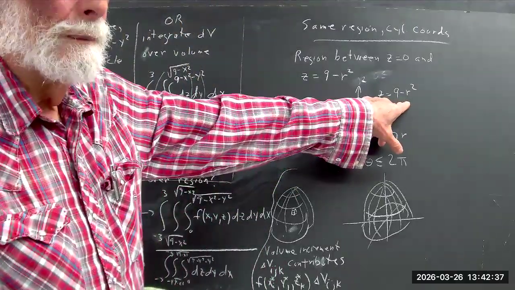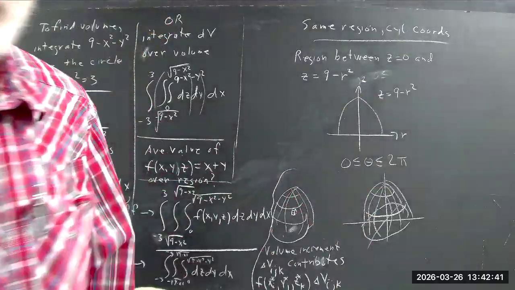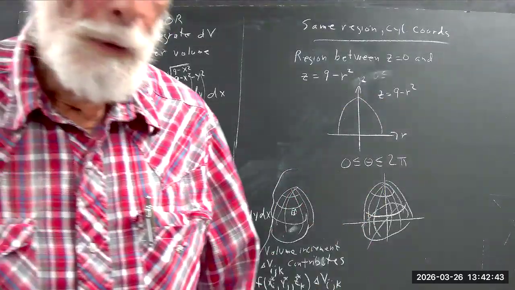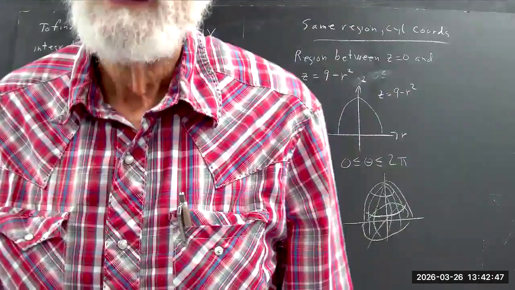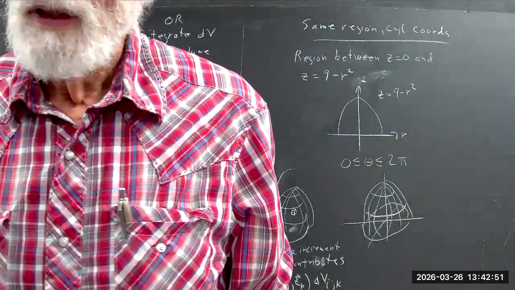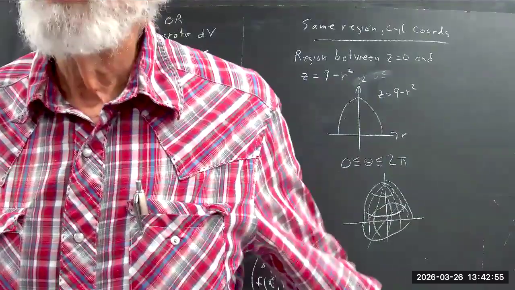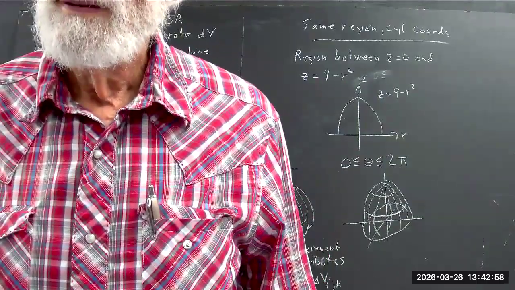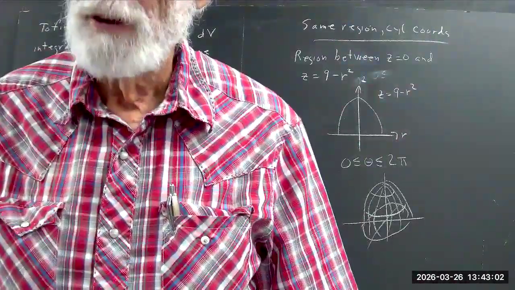For a given r, you know how high this thing is. Before I said, if you're at x, y, how high do you have to go to touch the paraboloid above you, right? Really, the only thing that mattered about x and y was how far you were from the origin, because the paraboloid's symmetric about the z-axis.